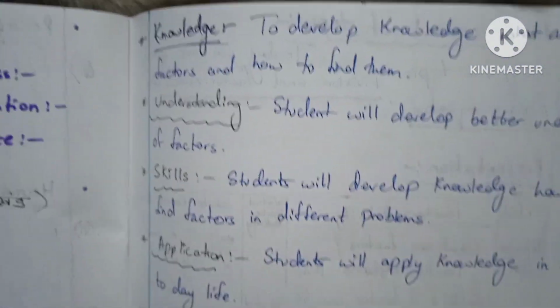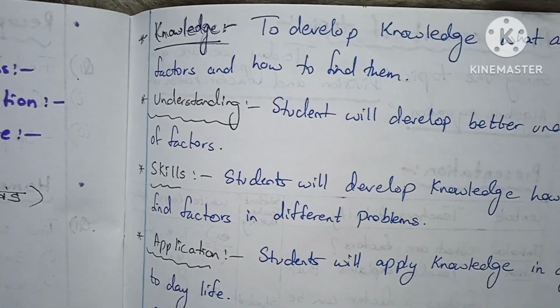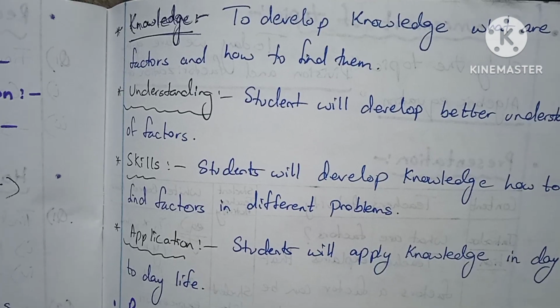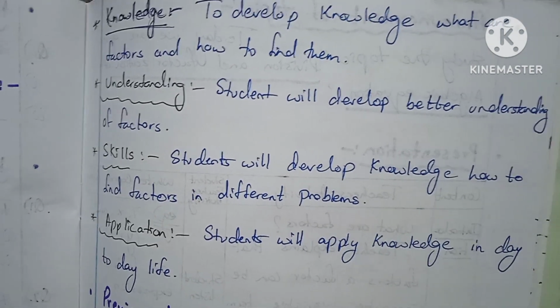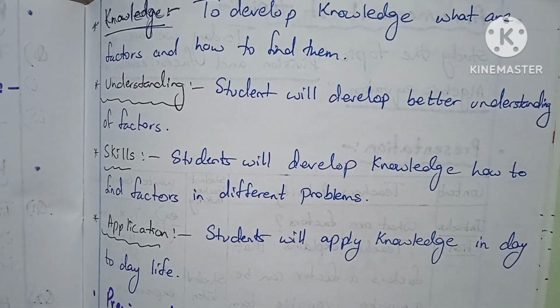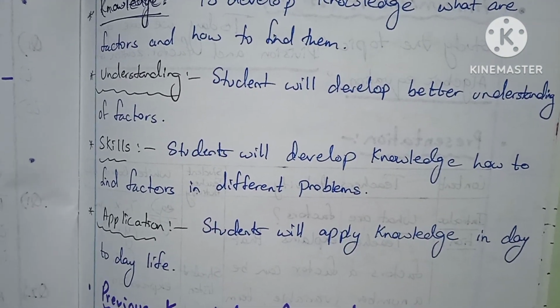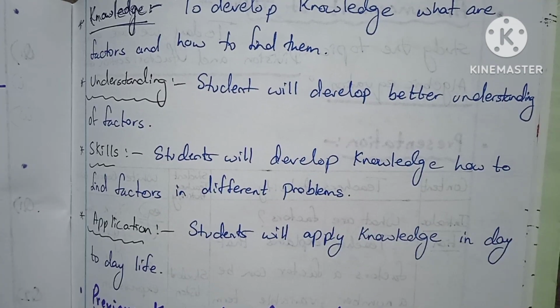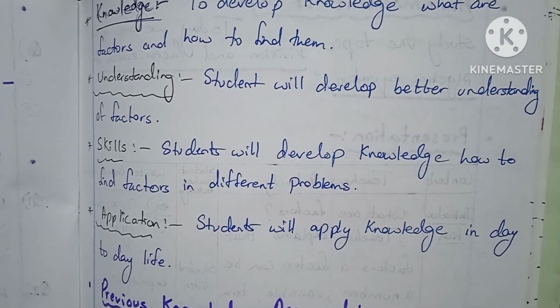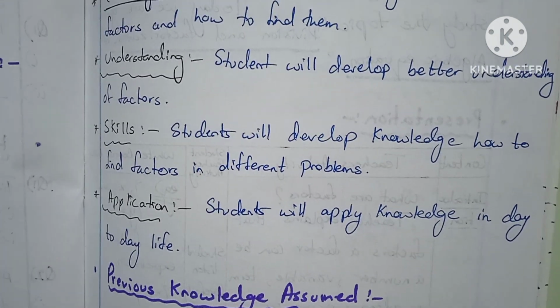In instructional objectives we have knowledge: to develop knowledge of what factors are and how to find them. Understanding: students will develop the understanding of factors, and how to find factors in different problems.